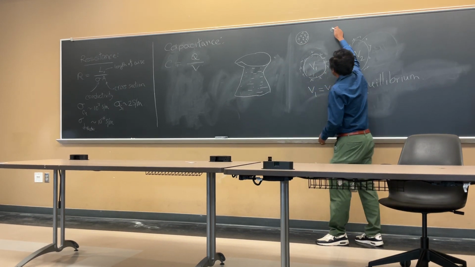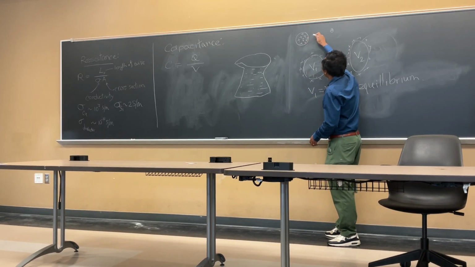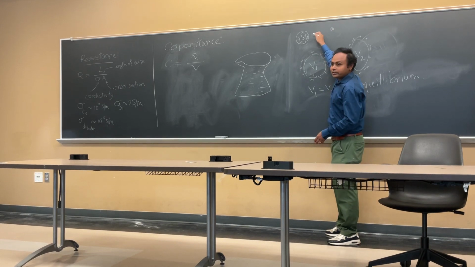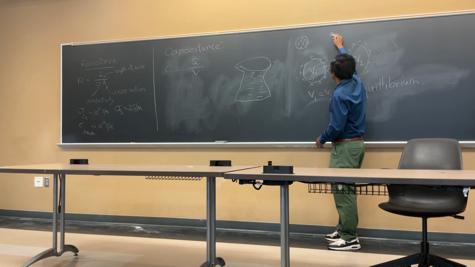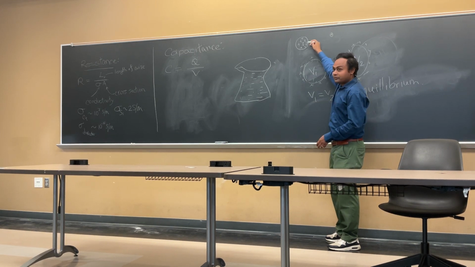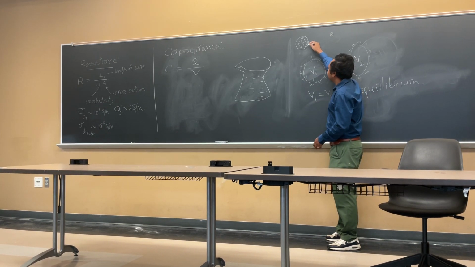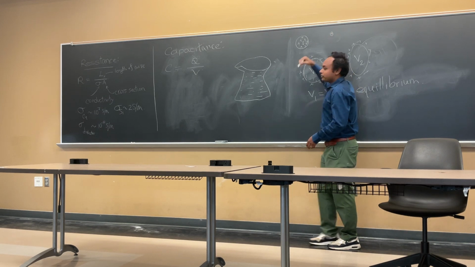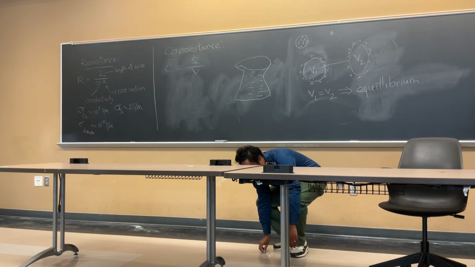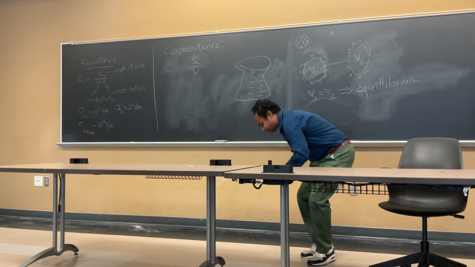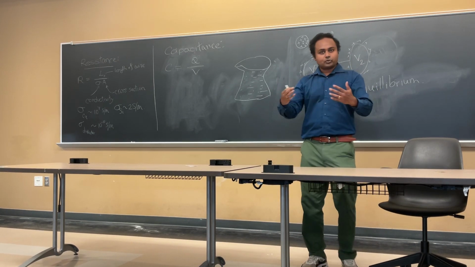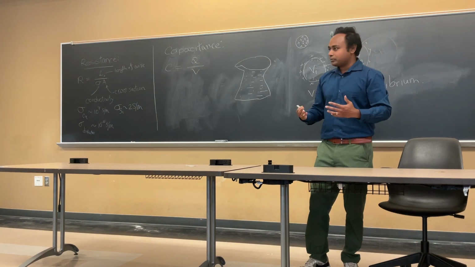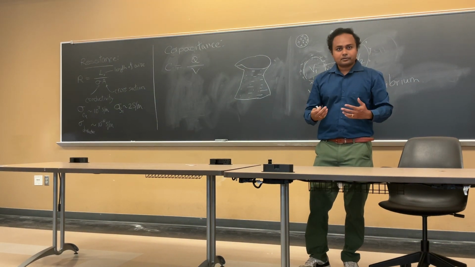If I bring another positive charge here, I should feel a force, right? Should I feel a repulsive force or an attractive force? If I bring more positive charges, repulsive forces, right? So when you try to add more charges, you feel a repulsion force. It discourages you from adding more charges, right?